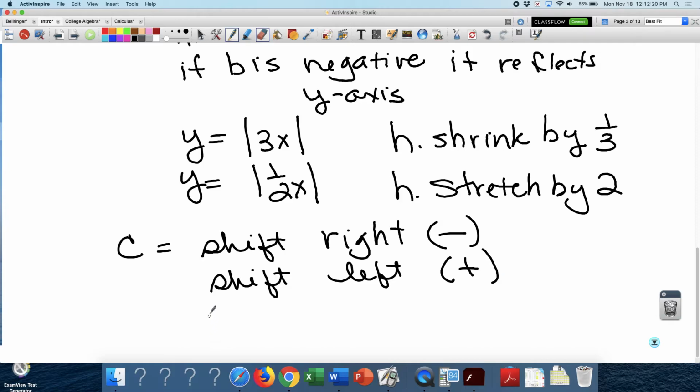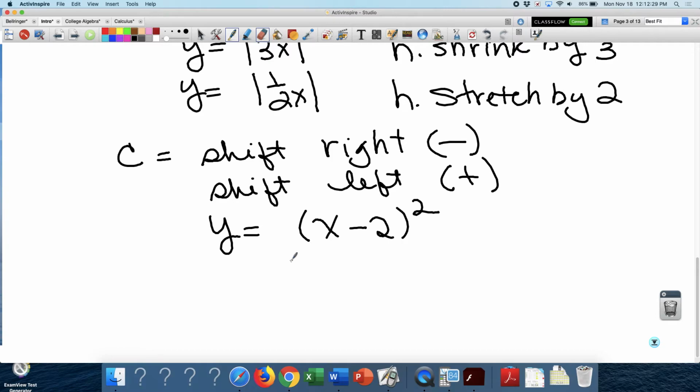So that would be one that would look like this. Why are you going right on a negative? If you have this parent function, the vertex is at 0, 0, right?